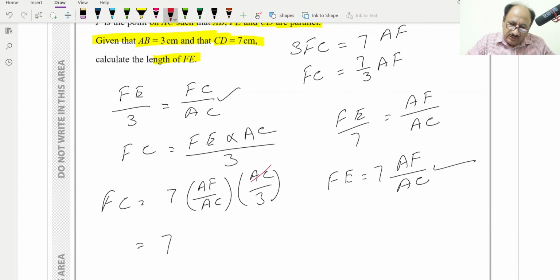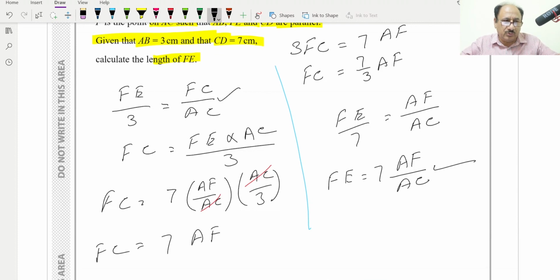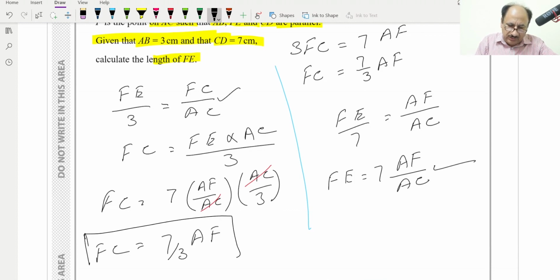These AC we can cancel. I will make a separation line so that you should not be confused between these two. So FC is equal to 7AF, and basically this 3 is also there, so FC is equal to 7 over 3 AF. We got this one, and we can now replace this one.